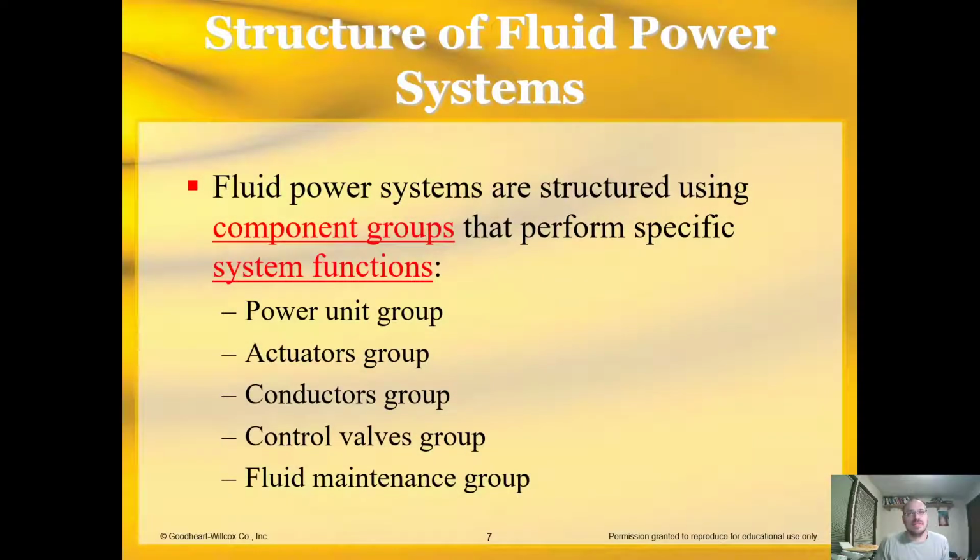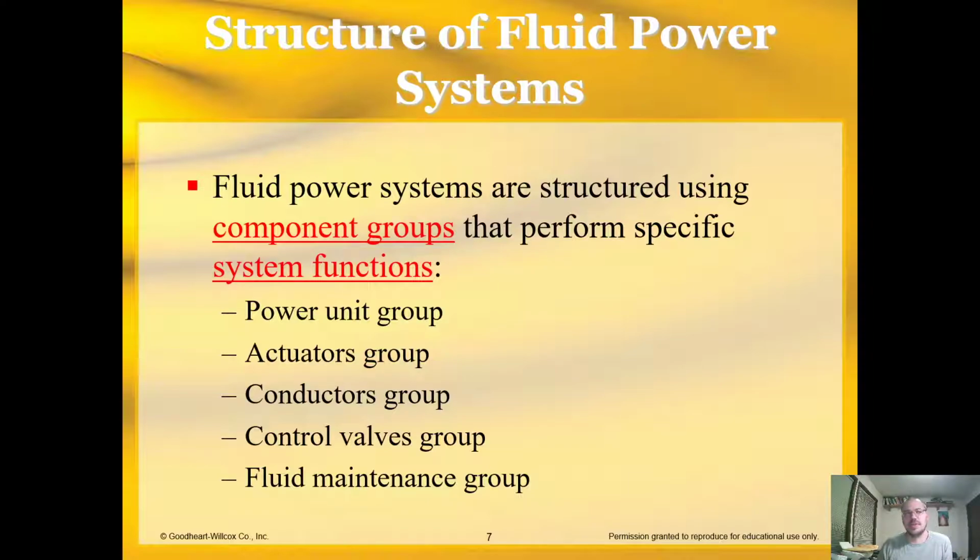Fluid power systems are structured using component groups that perform specific system functions. There are actually 5 different groups, which makes sense, since there are 5 performing functions. There's the power unit group, the actuator group, the conductor group, the control valves group, and the fluid maintenance group.